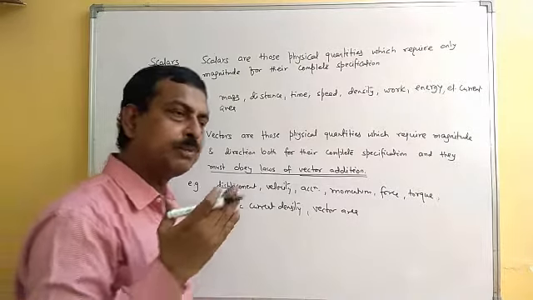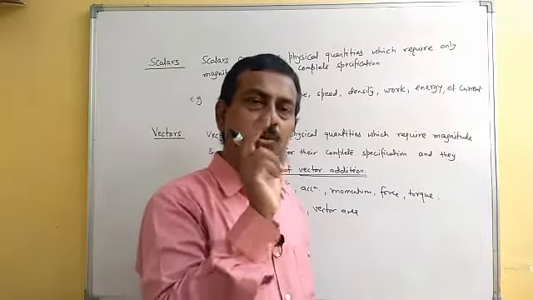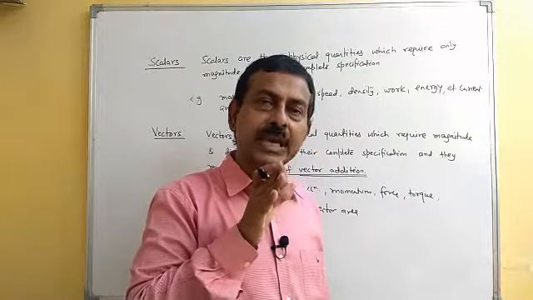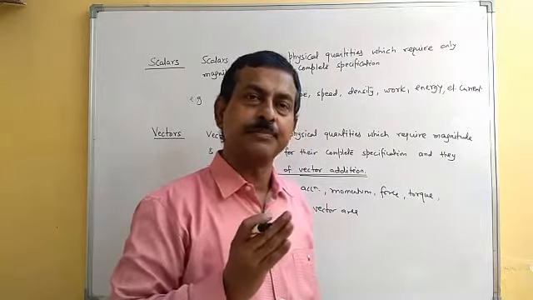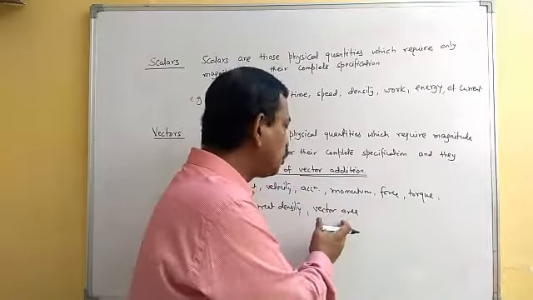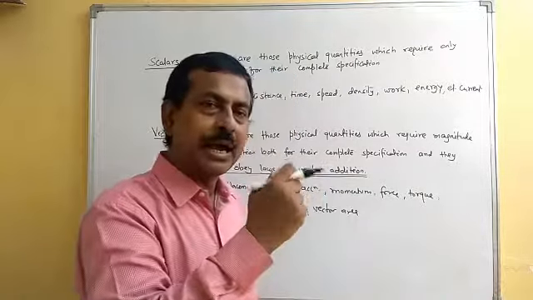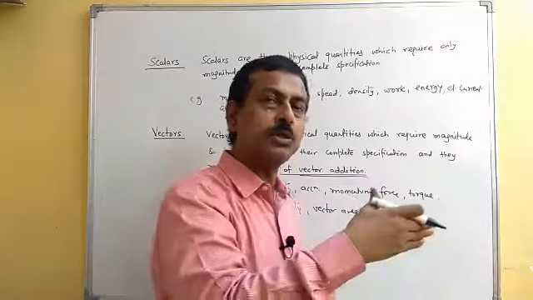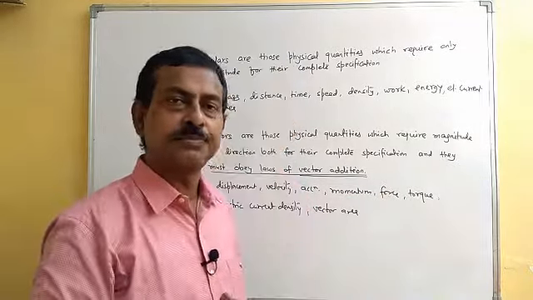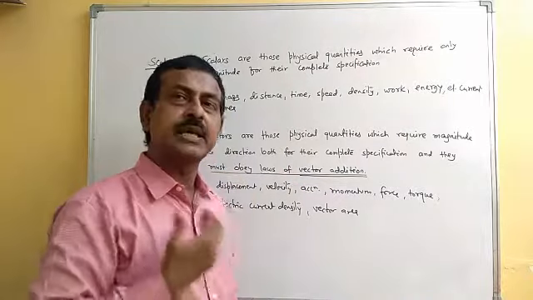Vector area is a surface whose area we are taking, and its direction is perpendicular to the plane of that surface. So the magnitude is equal to the area enclosed, and the direction is perpendicular to it, either into it or out of it. So these are examples of scalar and vector quantities.